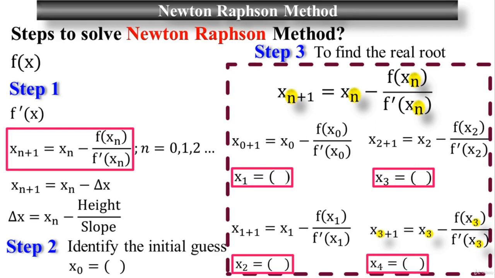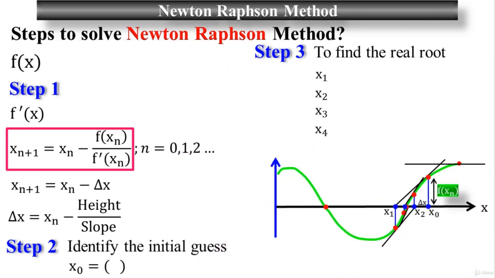Let's suppose that x sub 3 and x sub 4 have similar values. Once you reach the point where the final two iterations have similar values, you stop the process. So I'm going to stop here because x sub 3 and x sub 4 have similar values. This process involves 4 iterations.